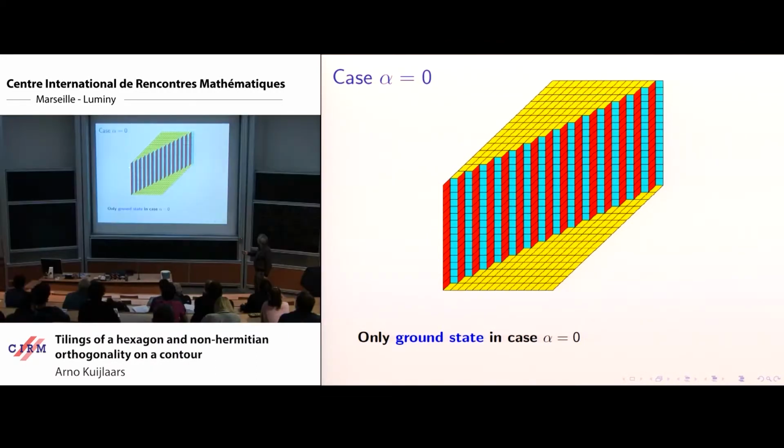Because in this model, after this transformation of coordinates, you cannot put any square tiles in the first column. It means that you have to put all tiles like this. The red tiles should go in the first column, all of them, and then you have this square tile, and then it alternates.